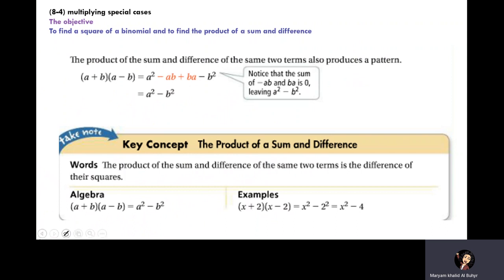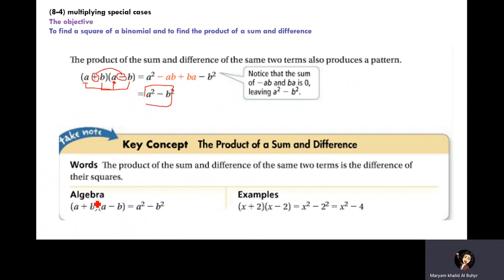Let's see this one. If we have A plus B exactly the same as this one here, B and B here, but you have a different sign here, opposite sign. Once you work on that and start distributing, you will get this one.